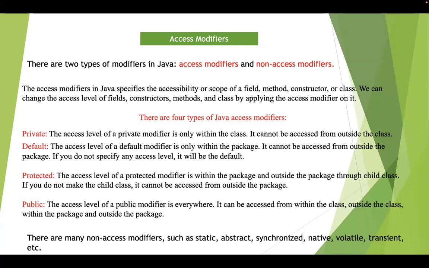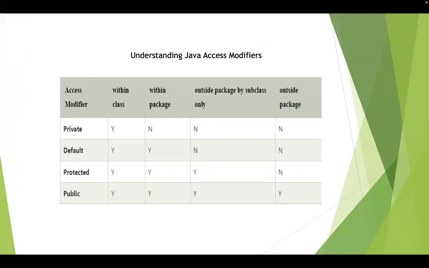If it is public, anyone can access. But if it is private, it is restricted. Only a few people who have permission can access. Default means we have something called packages, and inside that package, people can access. Protected means it is protected from other access. So these are the main types of access modifiers.